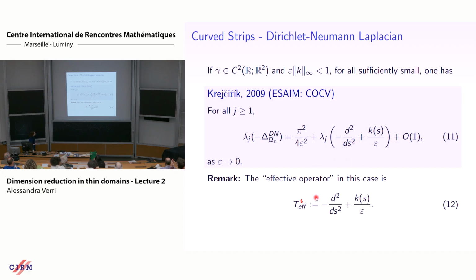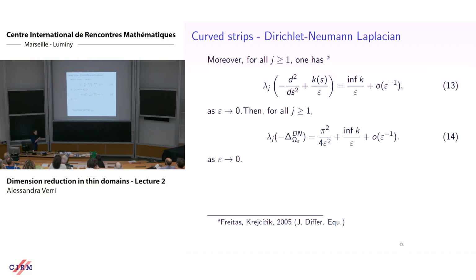This one-dimensional operator has the Laplacian acting in R, and a term that depends on the curvature. But we don't have an effective operator in the usual sense, because here we still have a dependence on epsilon.